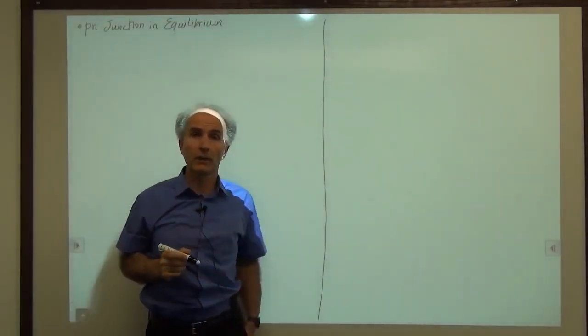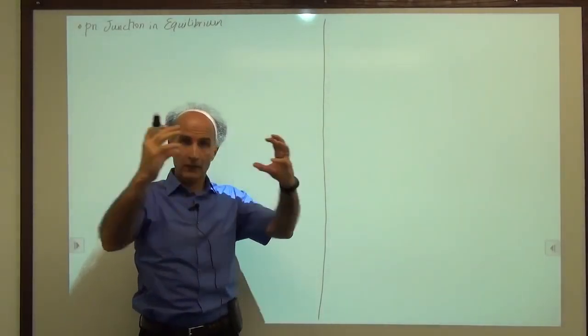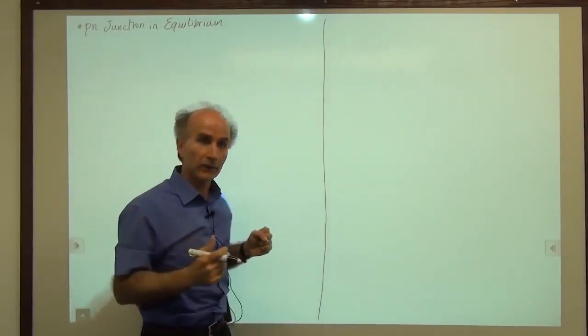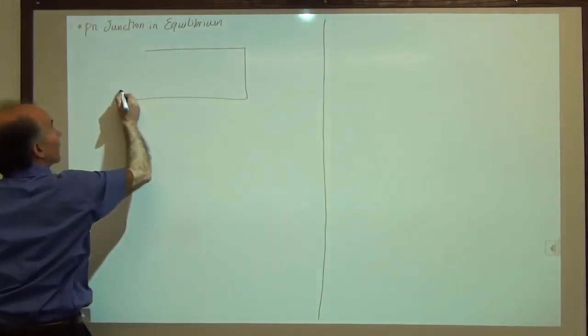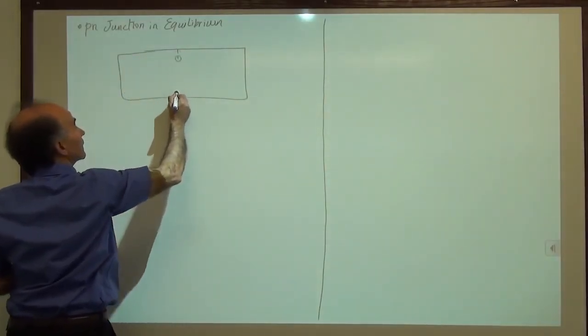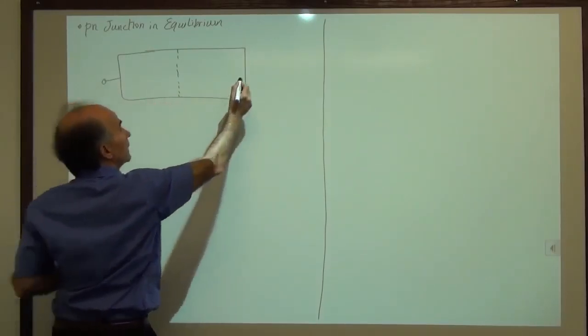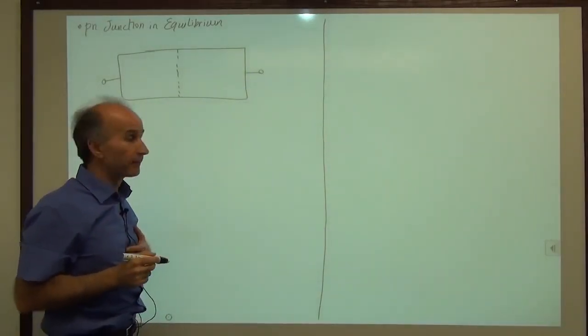And PN junction in equilibrium simply means after you form the PN junction from a single crystal, just leave the terminals open. Don't connect them to anything else in the world. So here's our PN junction. We have the terminals here on the two sides, but they are left open. They're not connected to anything else.